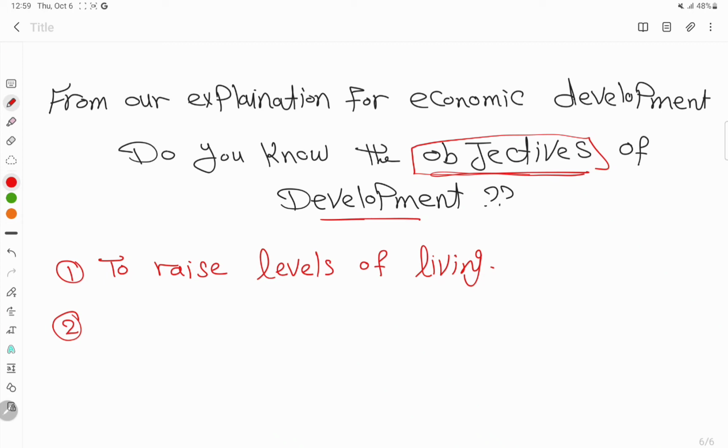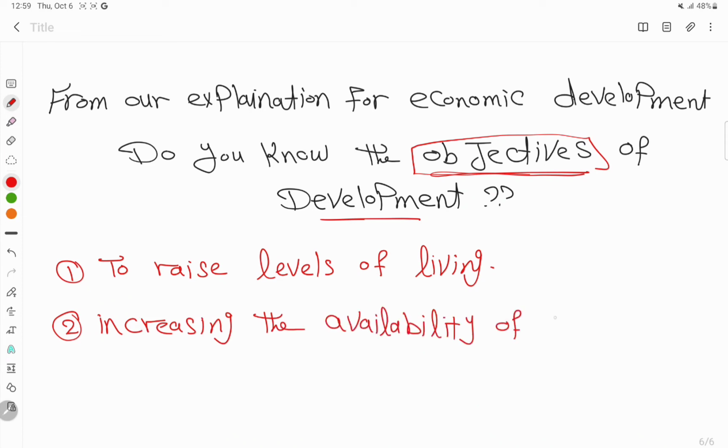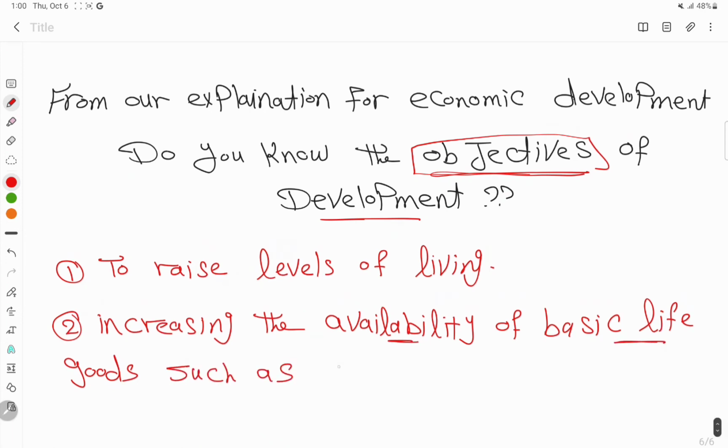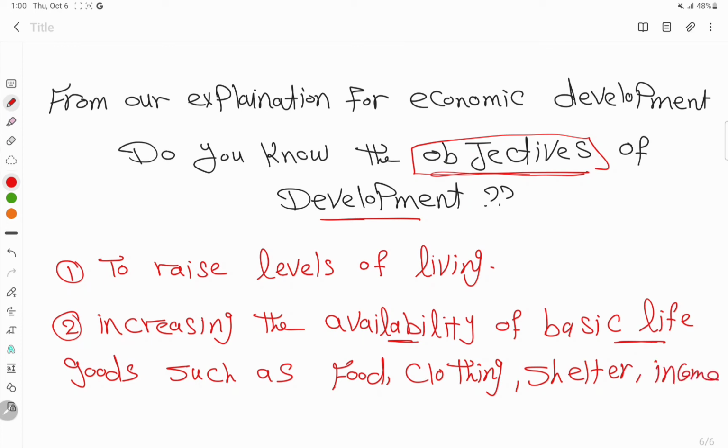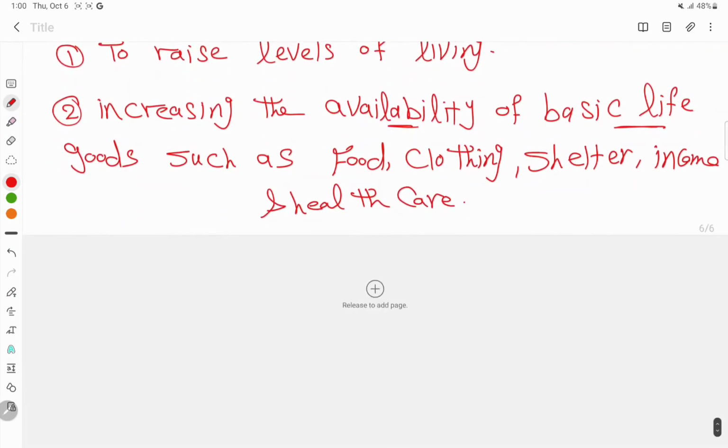So the objective of development is increasing the availability of basic life goods, such as food, clothing, shelter, income, and health care. Those are the essential goods that we talk about.